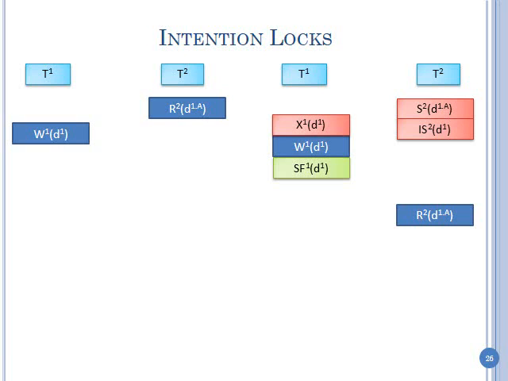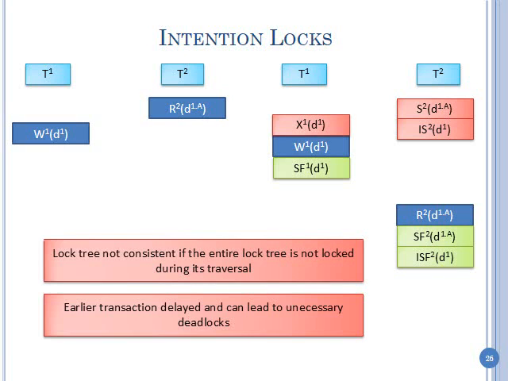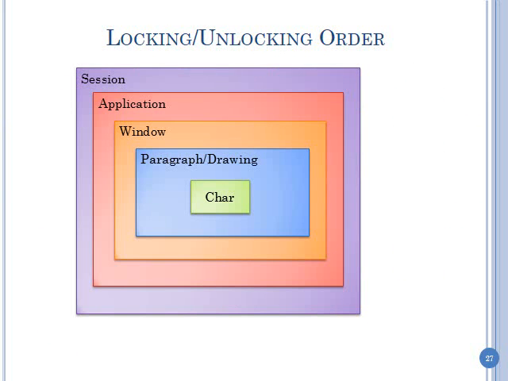So it makes intuitive sense to lock along the path. You'll find the child from the root, unless you've got some kind of hashing function that goes to the child directly, but in this case you assume that you go down the tree. So you put locks in this order. Questions?